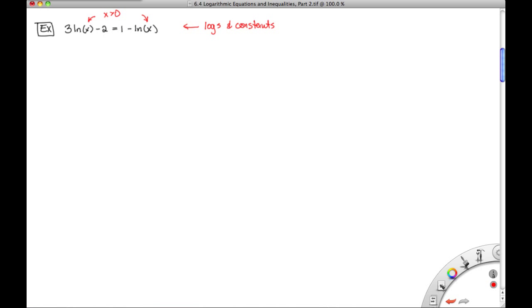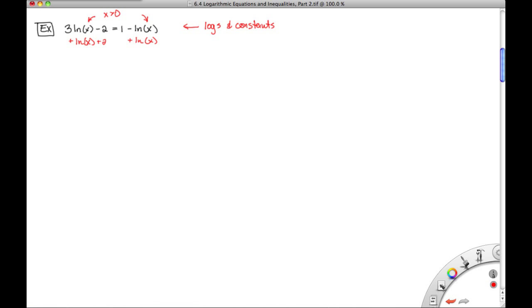Now in this case, we've got 2 logs, 3 times the ln of x and minus ln of x. Since we've got the ln of x in both cases, the argument is the same. We're actually going to be able to combine these as if we were just adding or subtracting any variable, like in any x term or y term. So I'm going to add the ln of x to both sides.